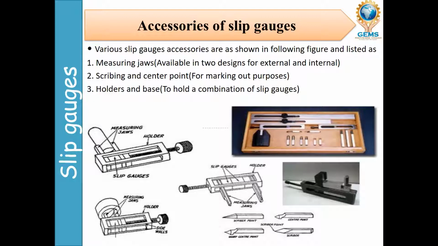The holder and the measuring jaws are parts used to hold the slip gauges. And what are the scriber or center point for? That is for marking purposes. When we are measuring with any instrument, you need marking to show how much the level is.